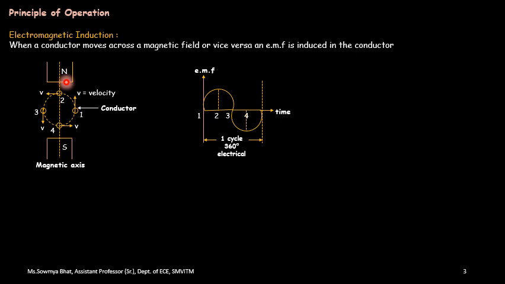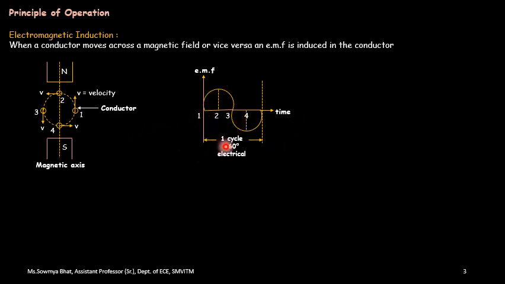The magnetic field lines obtained from the magnet are parallel to the direction of the velocity, so no EMF is induced in such a condition. It will be equal to a value of 0. Here in the waveform you can see I have plotted time versus the EMF.